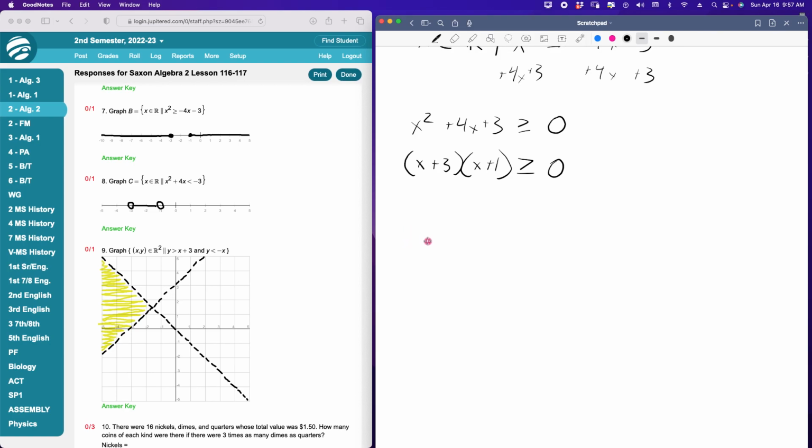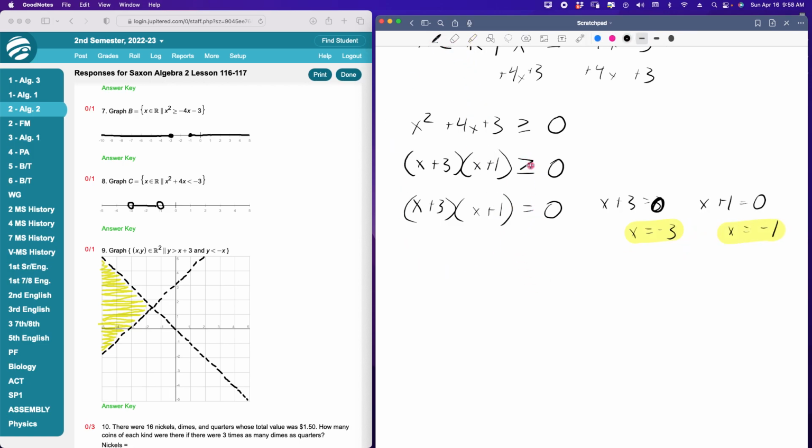The first part is where x plus 3 or x plus 1 is equal to 0. So x plus 3 is equal to 0 and x plus 1 is equal to 0. So x is going to be equal to negative 3 and x is going to be equal to negative 1. Those are our first two true statements that we have to remember.